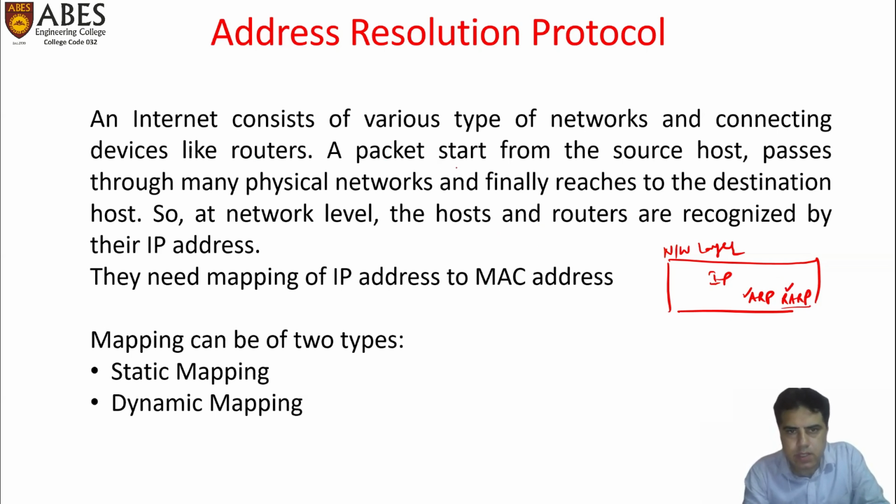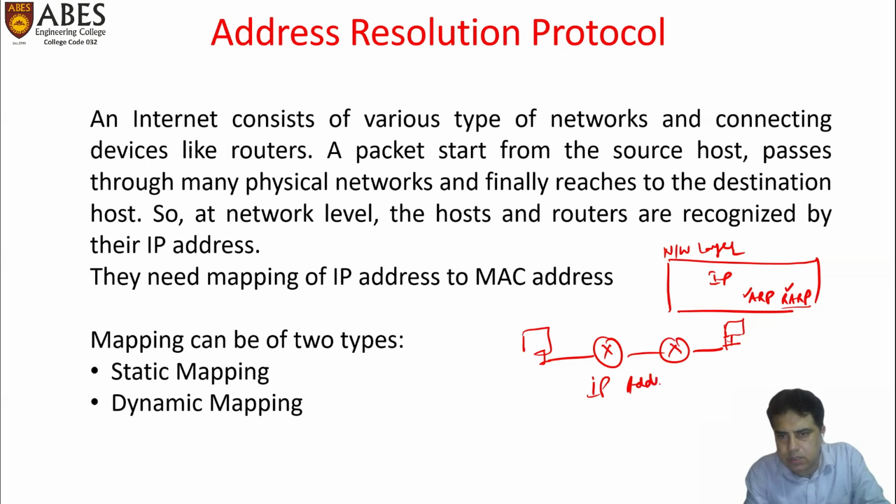So an internet consists of various types of network and connecting devices like routers. A packet starts from the source host and passes through the various devices like routers and reaches the destination host. So it passes through many physical networks and physically reaches the destination host. At the network level, the hosts and routers are recognized through the IP addresses, or at the physical level, they are recognized by the MAC address.